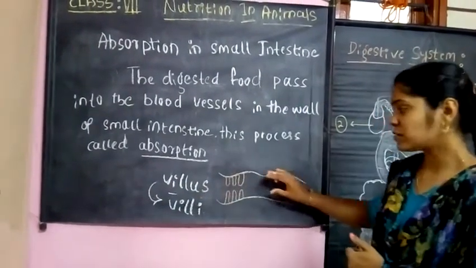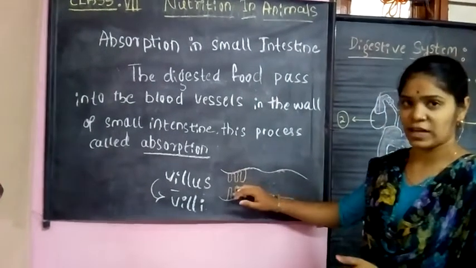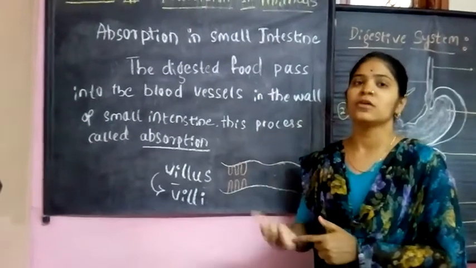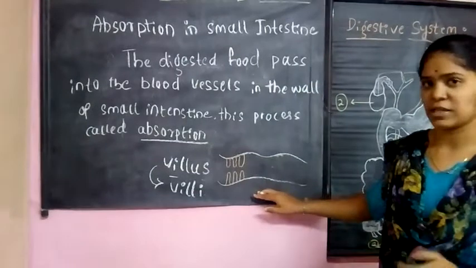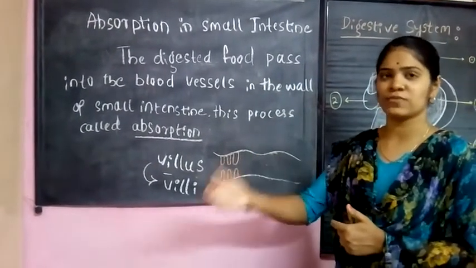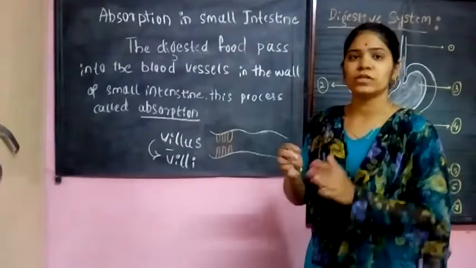So the transportation of the food materials via these villi to all the parts of the organs in the body is called assimilation. As I told, the transportation of the food material to all the parts of the human body is called assimilation. In the cells, what happens?